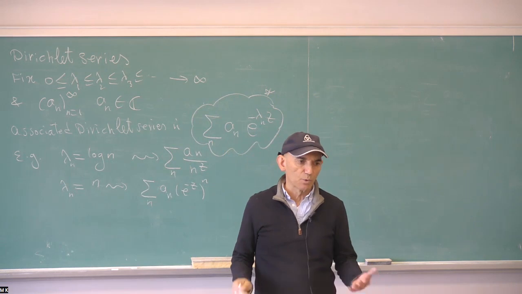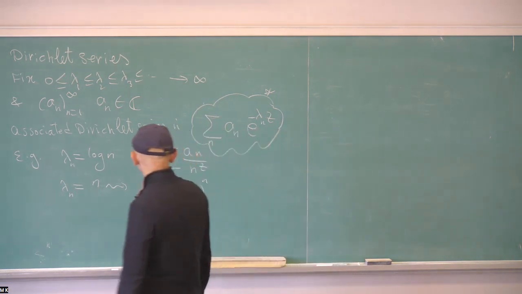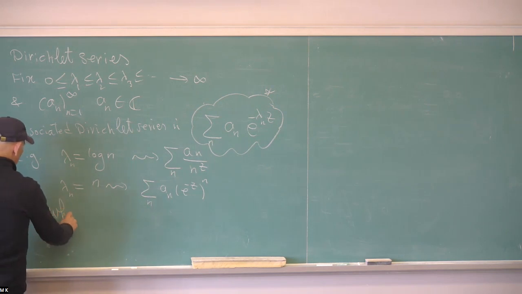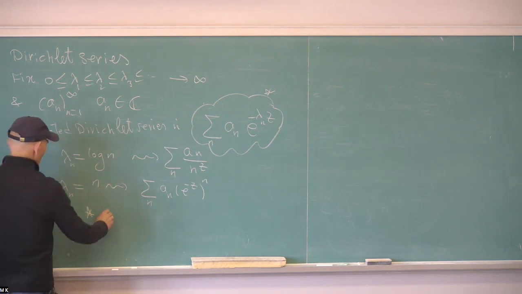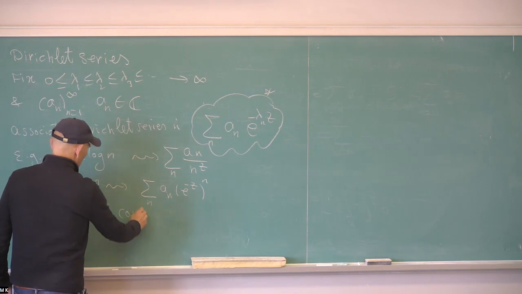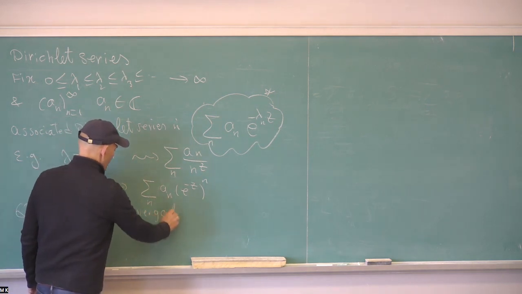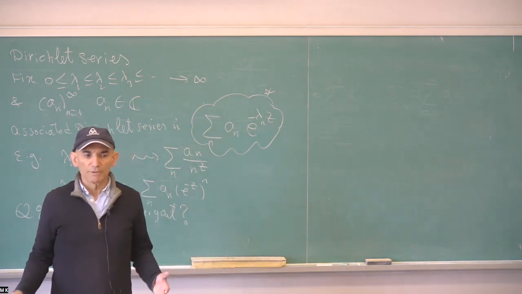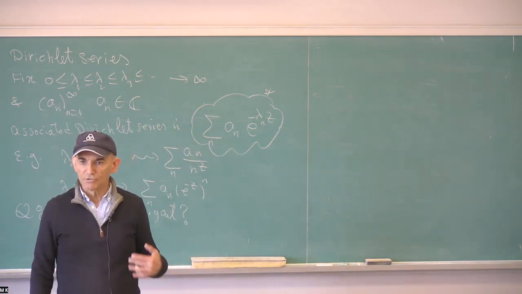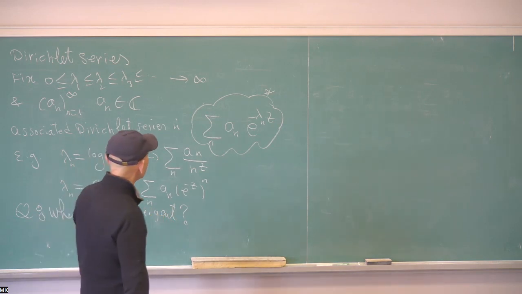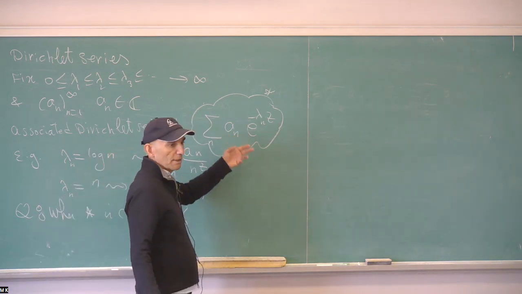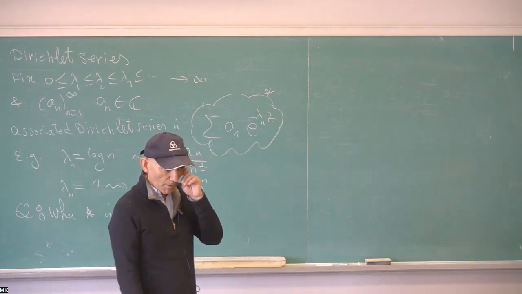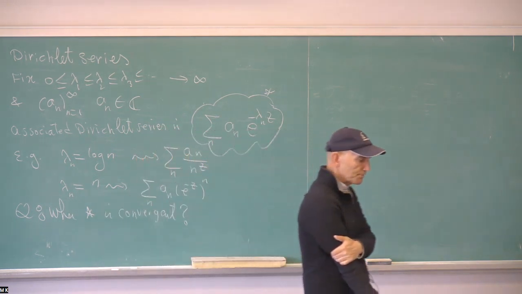That's the most important question. So the question is, where is star convergent? In other words, what is the biggest possible set on which the Dirichlet series star, given like that, is convergent? In general, what can we say about it? That's the question.